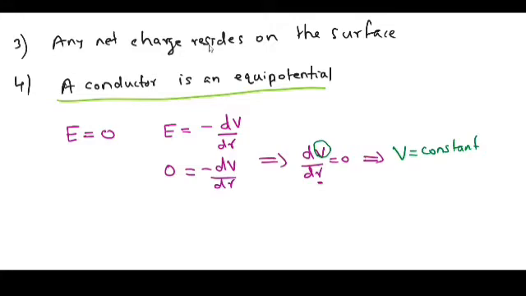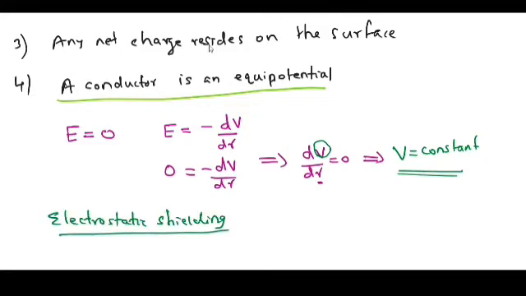As a consequence of this result, that V is constant, the electric field vanishes inside a charged conductor. This phenomenon is called electrostatic shielding. That is, vanishing of the electric field inside a charged conductor is called electrostatic shielding.